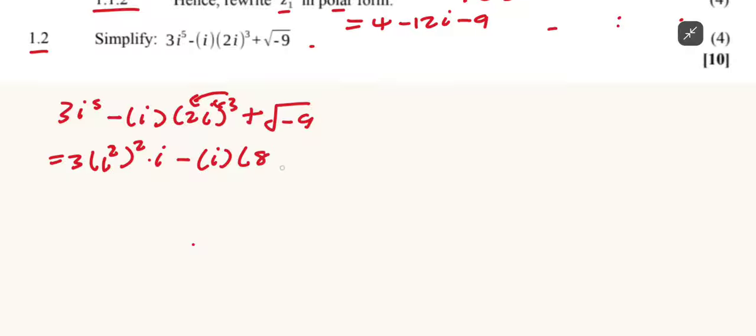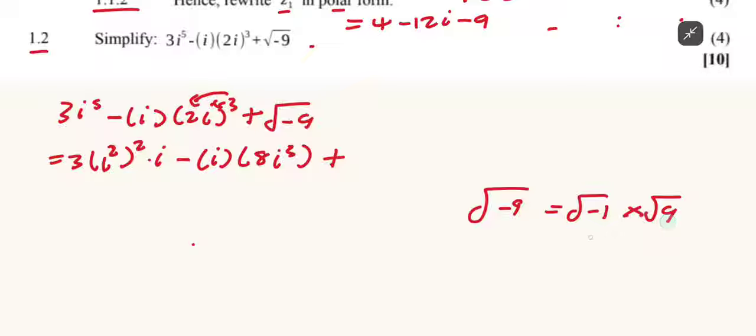Then we have i raised to the power of 3, plus the square root of 9. The square root of negative 9 is the same as the square root of minus 1 multiplied by the square root of 9. The square root of negative 1 is simply i, and the square root of 9 is 3.